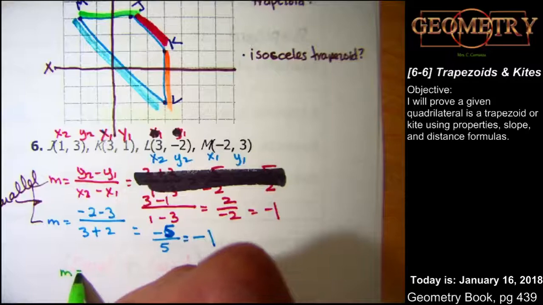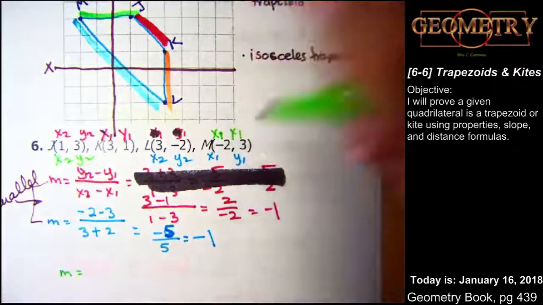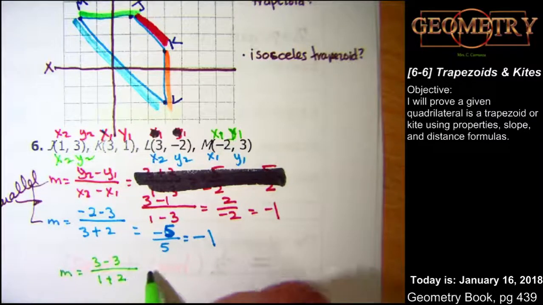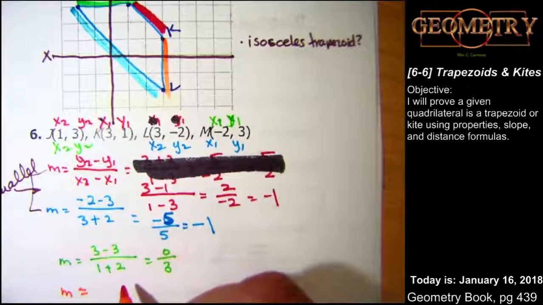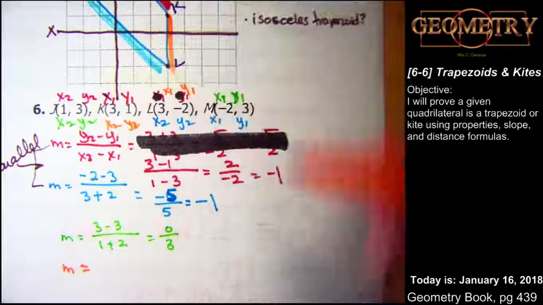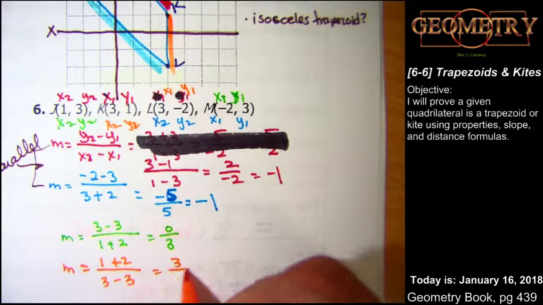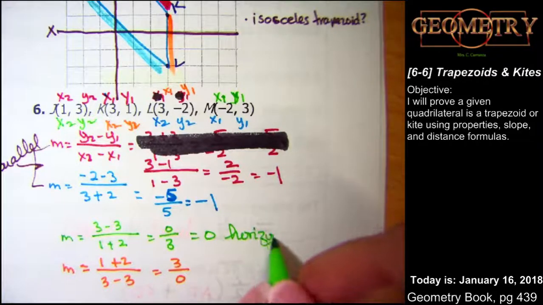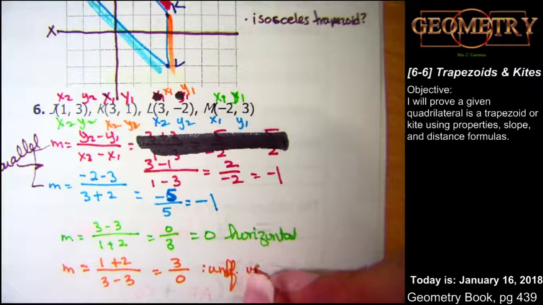Okay, here I go. I'm going to do M and J. And K and L. That says undefined.